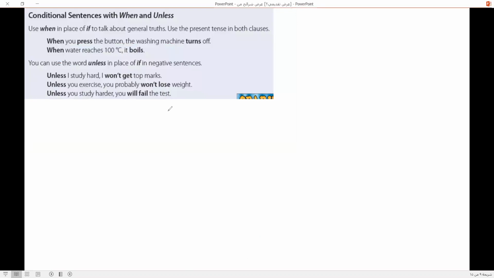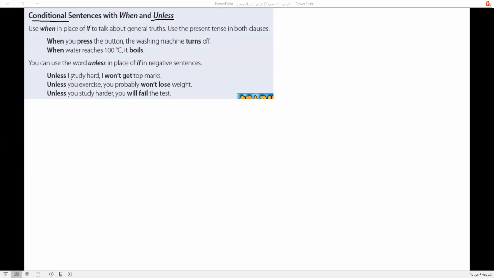Okay, the next thing that we have, the conditional sentence with when and unless. It is on unit 5, okay, for meaning and function. Now, here we said that when and if they are the same thing in conditional sentence, جملة شرطية, they are the same thing, okay? But unless has a different situation.